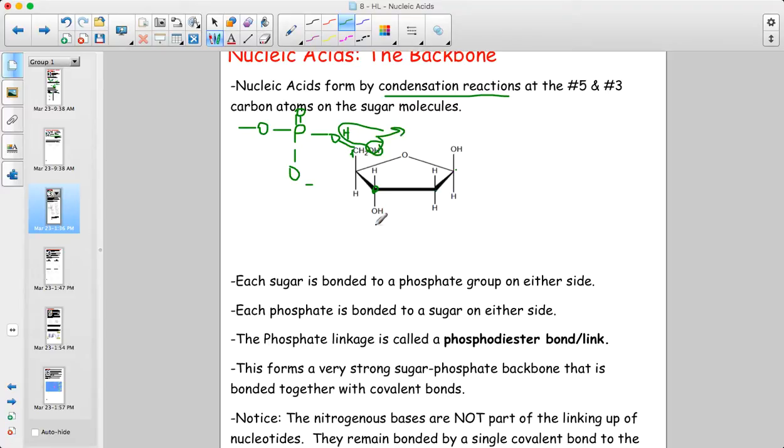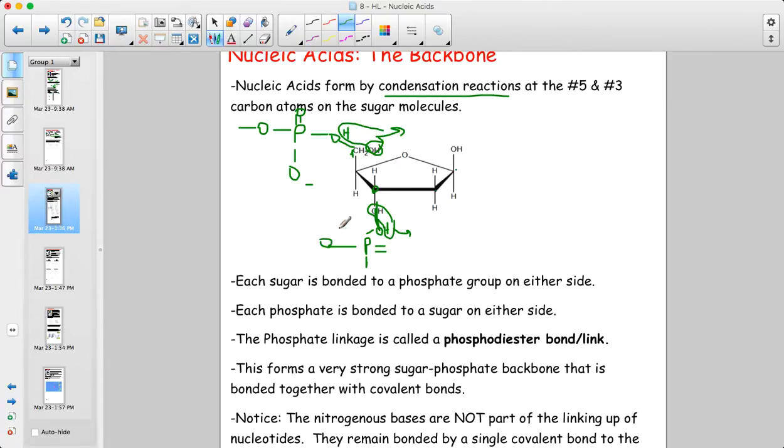And then right here, same thing, but on the other side, you're going to have the phosphorus again, which originally has the O and H, and the OH from the sugar and the H from the phosphoric acid group are going to be removed. So you're going to have this bond straight from the carbon to that oxygen, and then a repeat structure of the phosphate group right there.